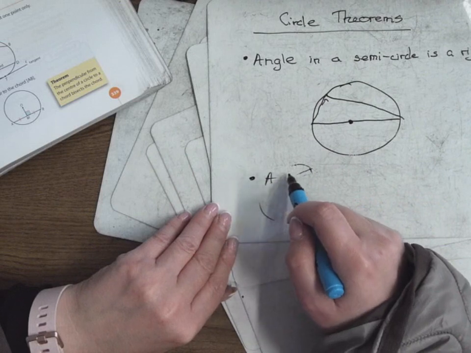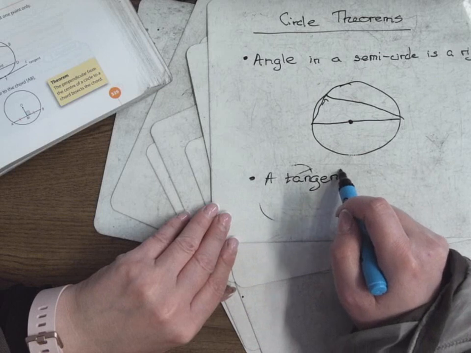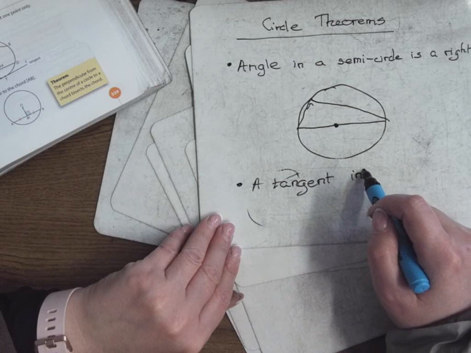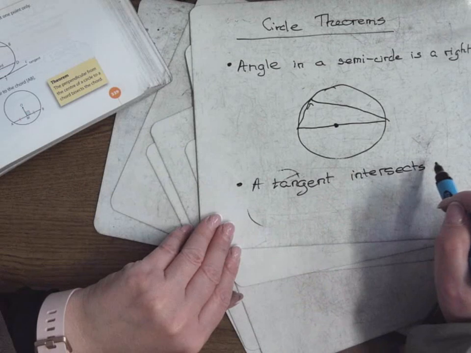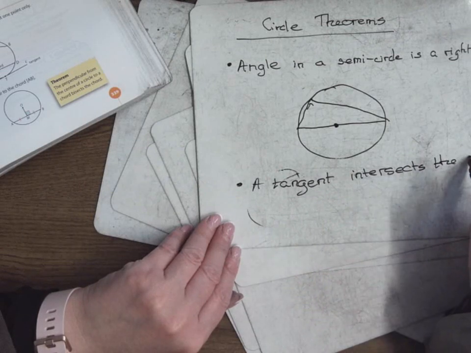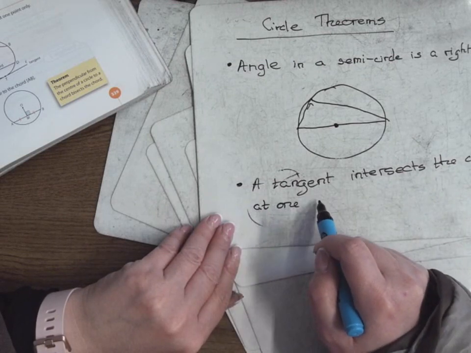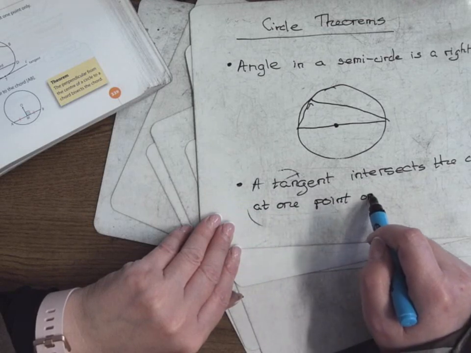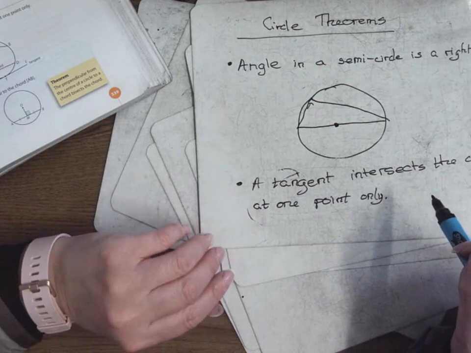A tangent. Do you know what a tangent is? I think I mentioned them before. Yeah, it hits the circle at one point only. It intersects the circle at one point only.